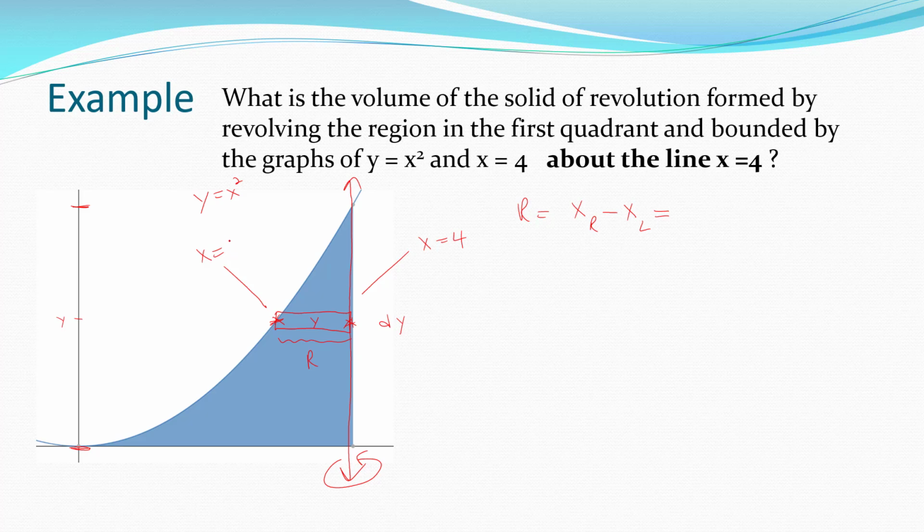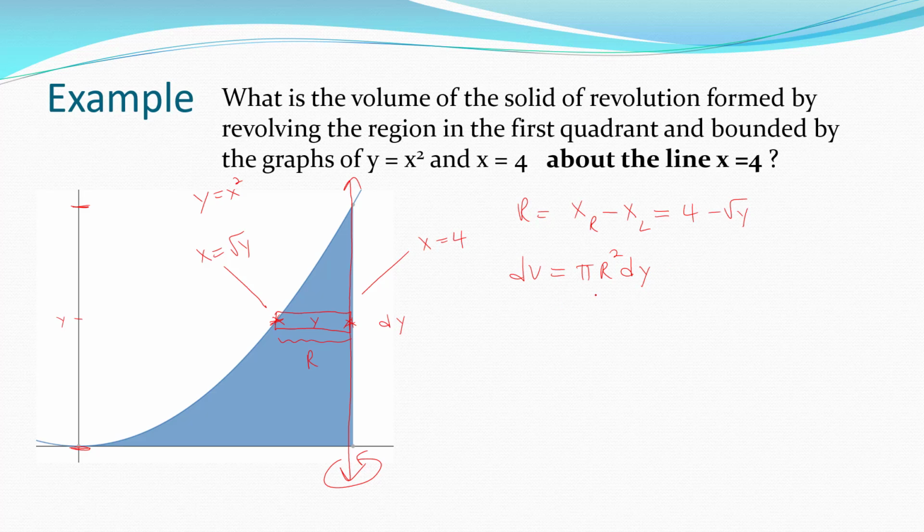You can't use plus or minus; in this case, x must always be positive. So I would write down the square root of y. The rightmost x value is 4. The leftmost x value is the square root of y, and I subtract them. So the small amount of volume would then be equal to pi times that radius squared times the thickness, which right now is dy.